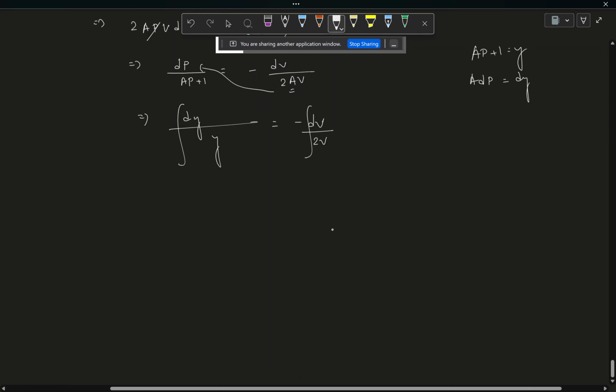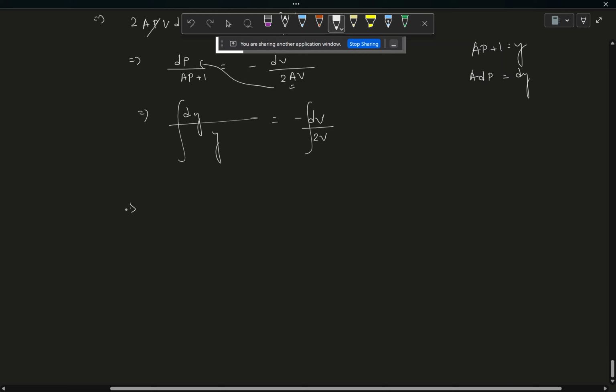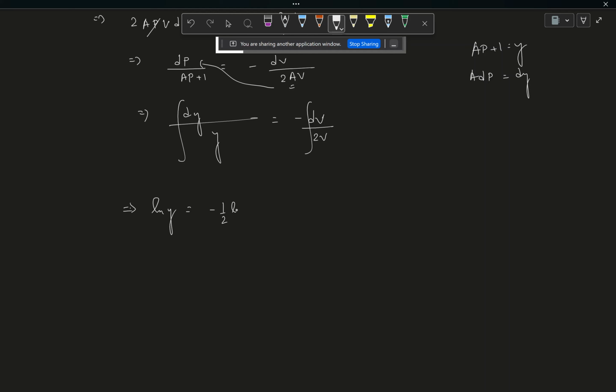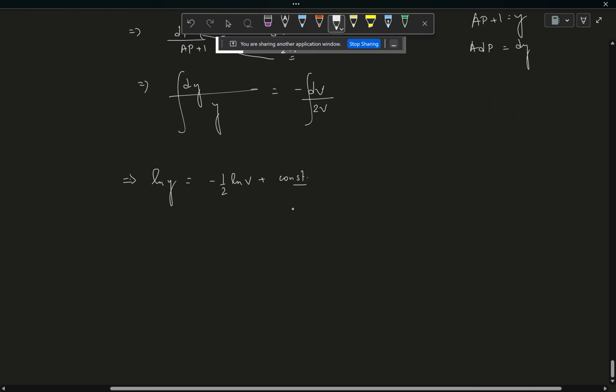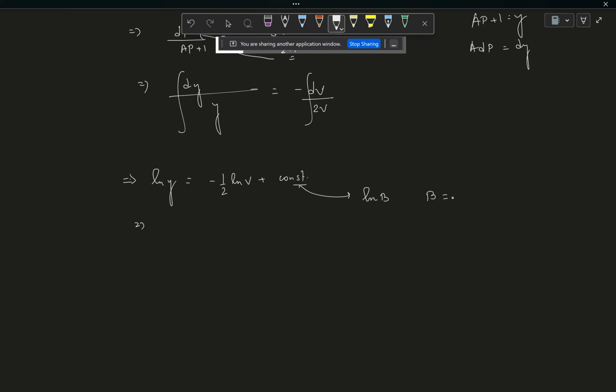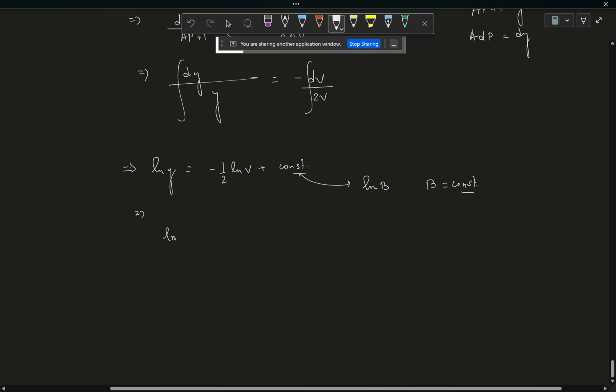Now if you take the integral on both sides, you get ln of y equal to minus half ln of v plus a constant, which is an integration constant. Now because both sides are ln, we take this constant to be ln of B, where B is another constant. This is just to simplify the whole expression, so that all the ln terms can be combined together. And this is basically ln y, and y is A p plus 1, so this is ln of (A p plus 1).